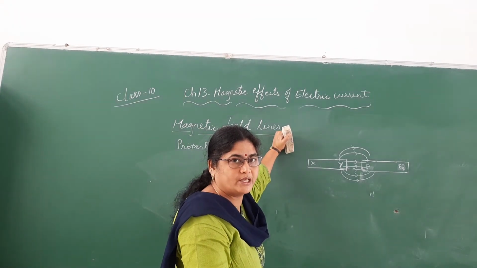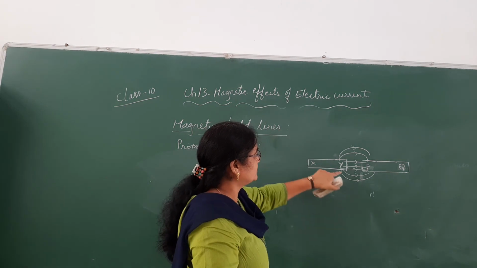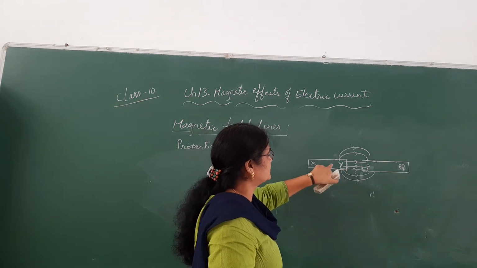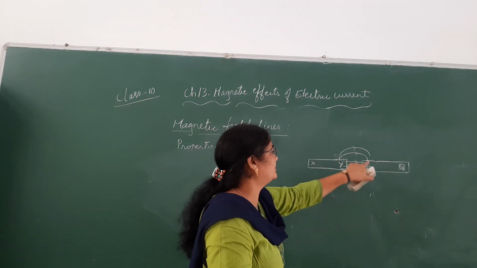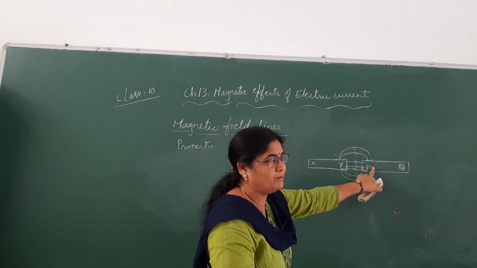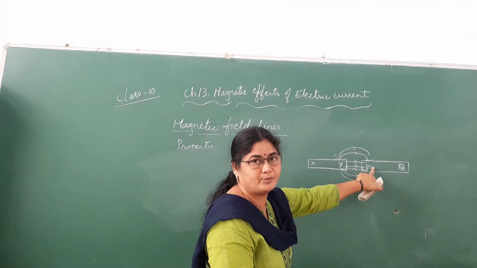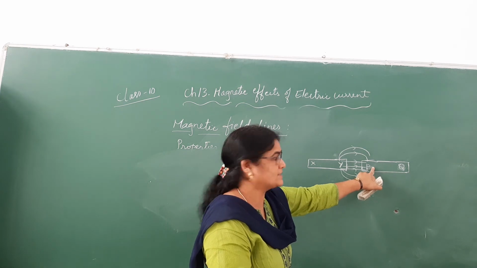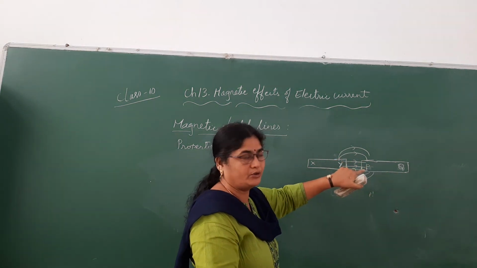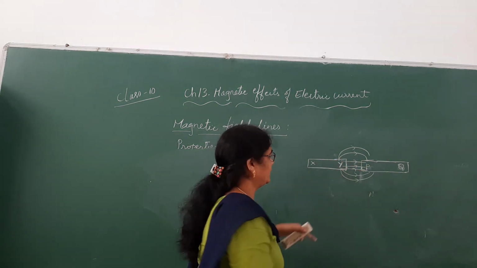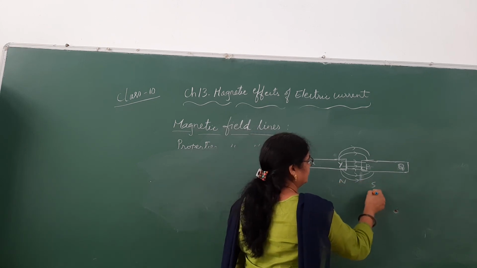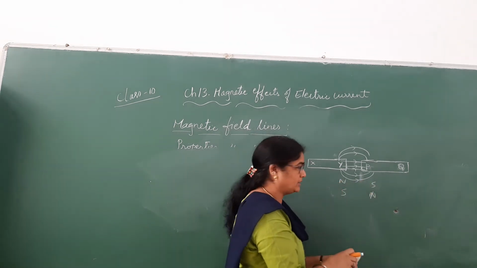Since the field lines are emerging from one pole and merging at another pole, both are dissimilar poles, opposite poles. But this does not tell us which is which. It can be north and south, or south and north. So it can be anything.